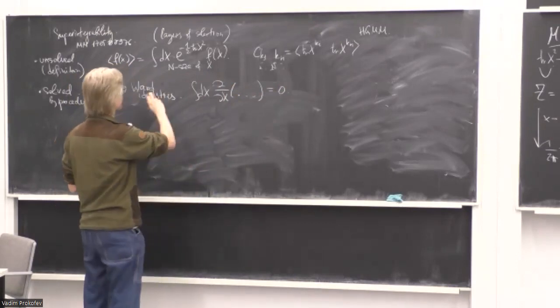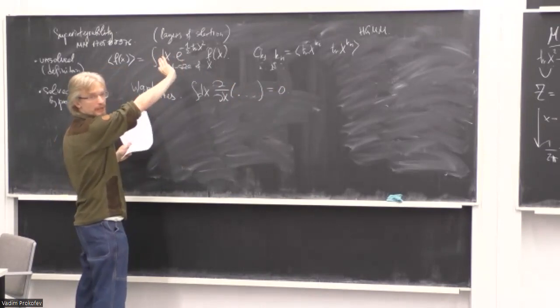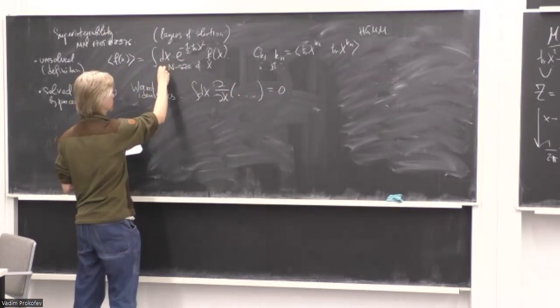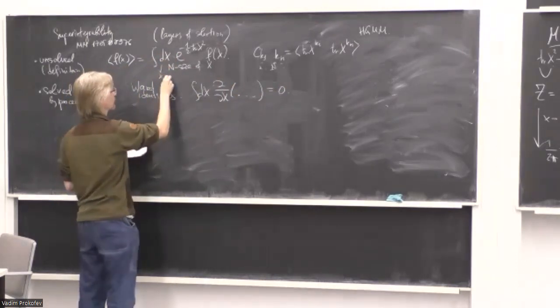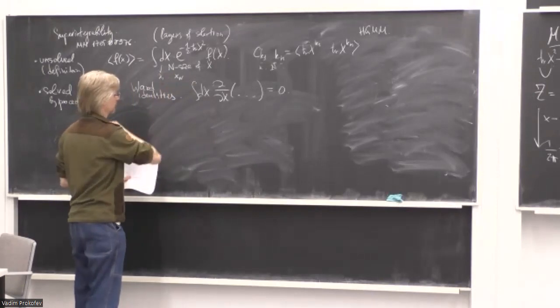So in the language of, say, nothing depends on the angular variables here of the matrix X. So let's say we transform this integral to the integral over eigenvalues of this matrix.